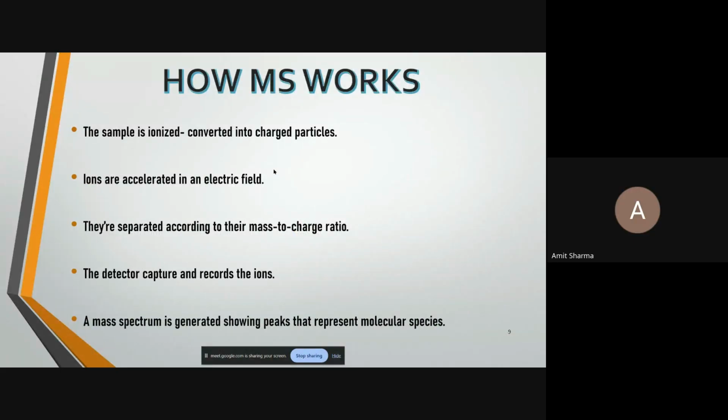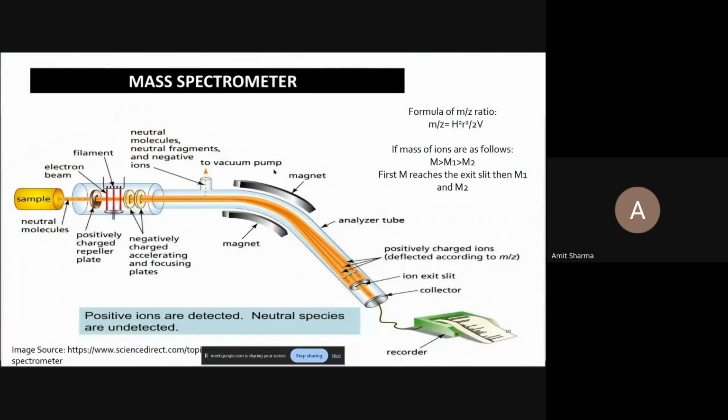After this, the ions that are produced are accelerated in an electric field. The M plus ions are formed because of the ionization potential, and we know that the approximate value of ionization potential is like 8 to 15 electron volt, but here the filament gives a 70 electron volt potential.